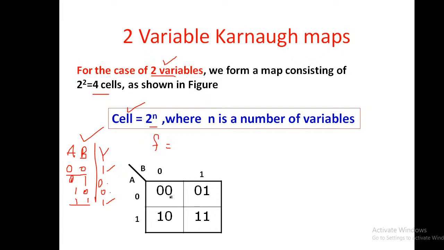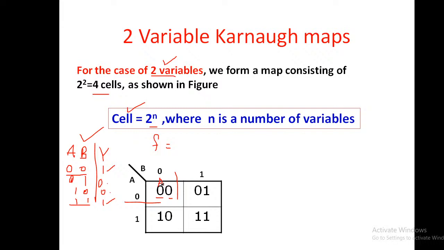Now what I told yesterday: how will you find the position of each cell? See carefully, you read horizontally. A you should read first. A value is 0, and B value is again 0. A value 0 means the actual variable, or you can say the literal, as I mentioned in the last class.